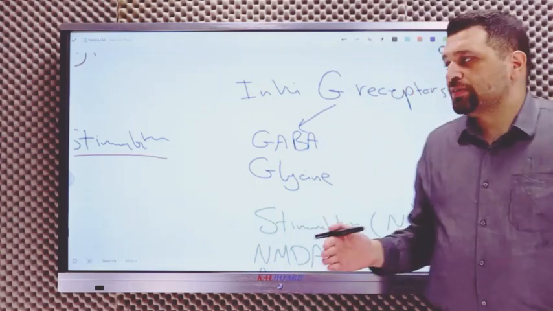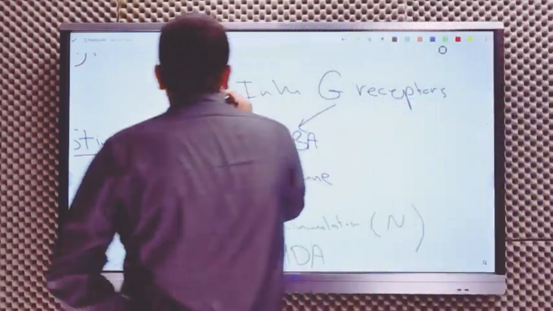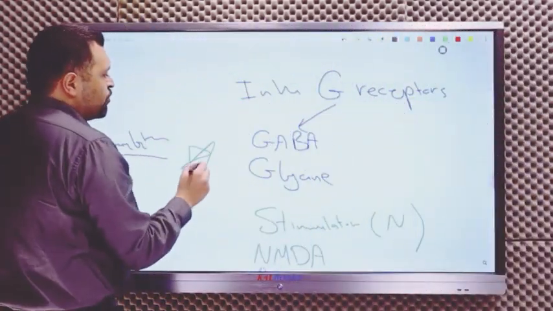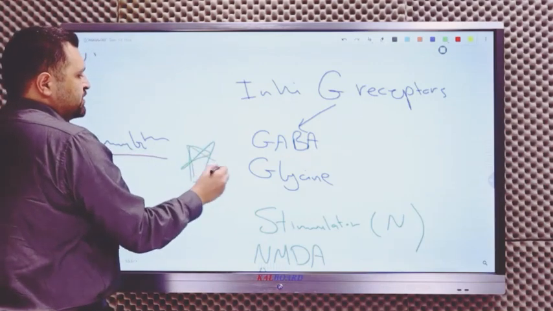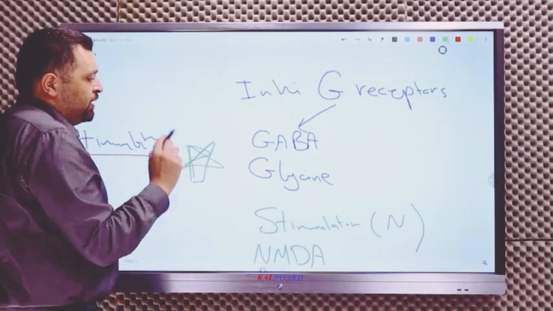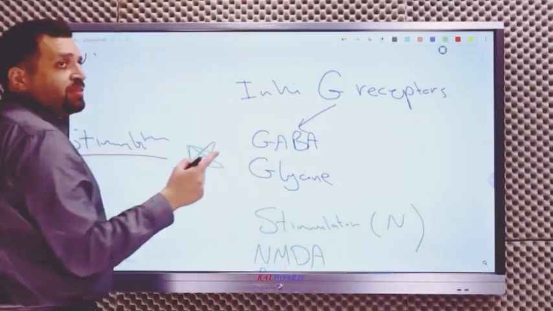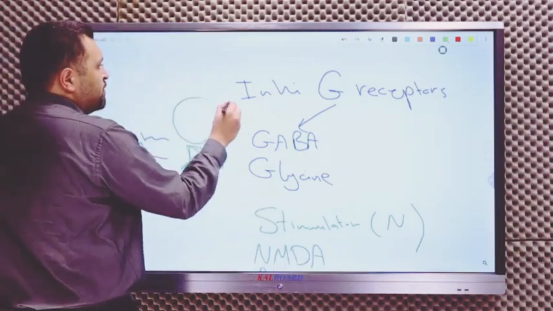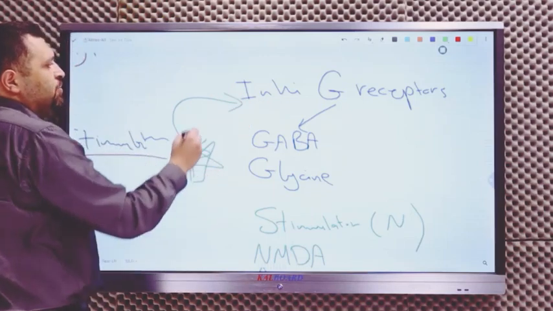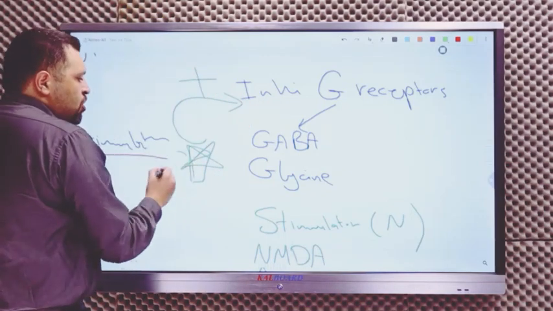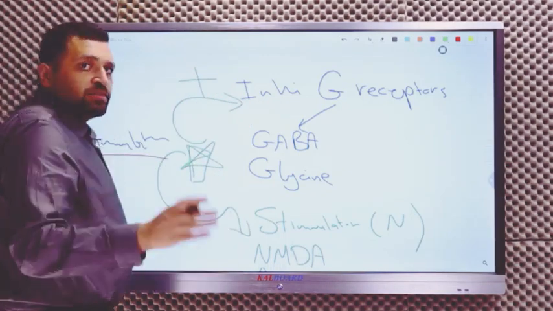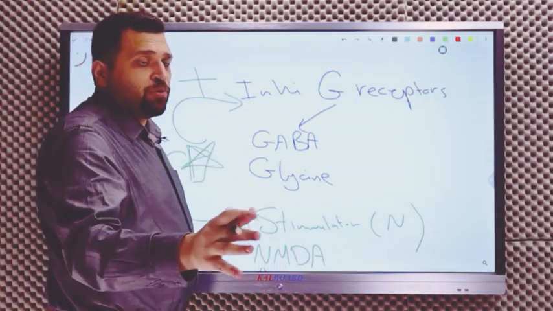As we said previously, our IV anesthetic drugs need to work on both of these receptors. Okay? We have to inhibit the CNS. To inhibit the CNS, either you make the inhibitory receptor more powerful, or you make the stimulatory receptor less powerful.